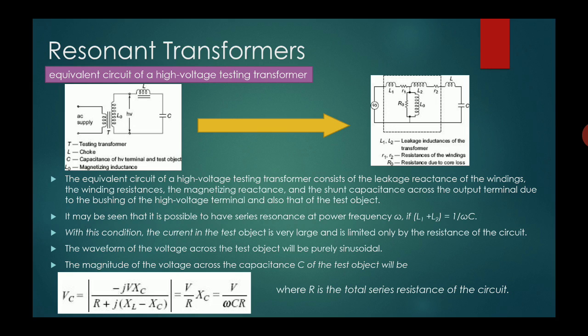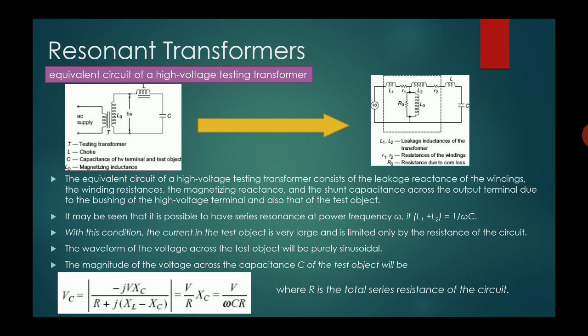It may be seen that it is possible to have a series resonance at power frequency omega if L1 plus L2 is equal to 1 by omega C. So here we are talking about a resonance taking place where the sum of the inductance of the two windings of the primary and secondary and the output capacitance of the apparatus are at resonance at a particular frequency.